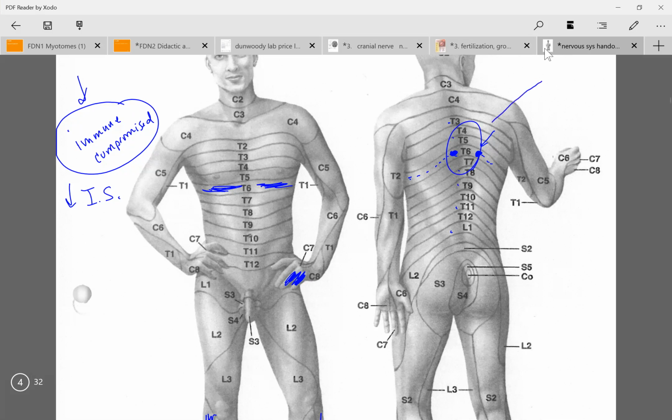And so biomechanically, that's very hard on your mid-spine. So therefore, if T5, T6, T7 vertebra are pissed, then the nerve root is pissed, and therefore the ganglion is pissed, and that will be the area of greatest immune compromise. So that's the area the shingles will surface.